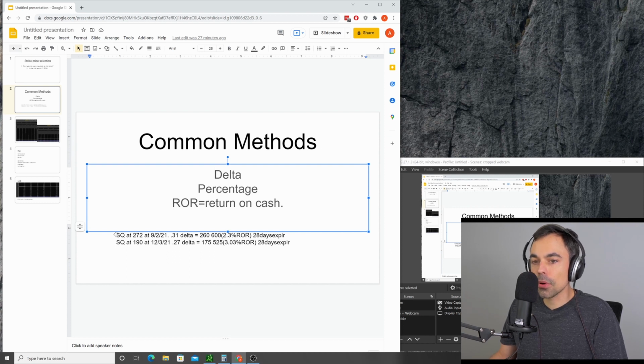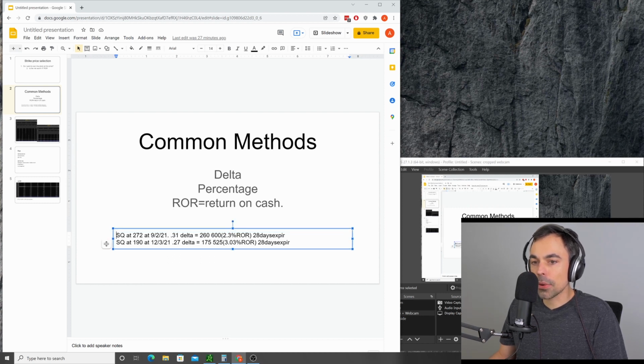So for example, down here with Square, if you were to sell a put on Square on September 2nd, at 31 delta, you could get $600, which would be a 2.3% return if you had to put down $26,000.